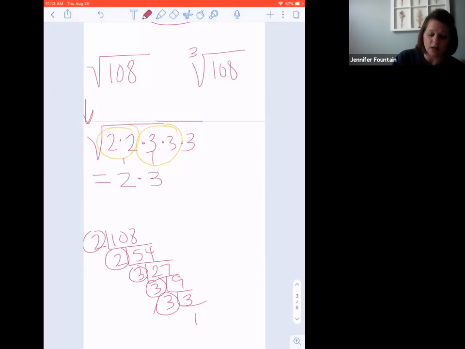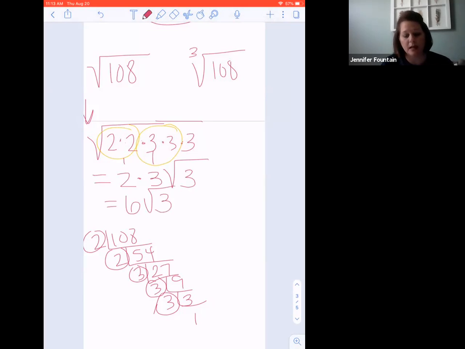These 3's come out as a whole number 3. I have a 3 left under the radical, so it has to stay there. And now I multiply 2 times 3 is 6 times the square root of 3. So there is my answer for the square root of 108 equals 6 times the square root of 3.